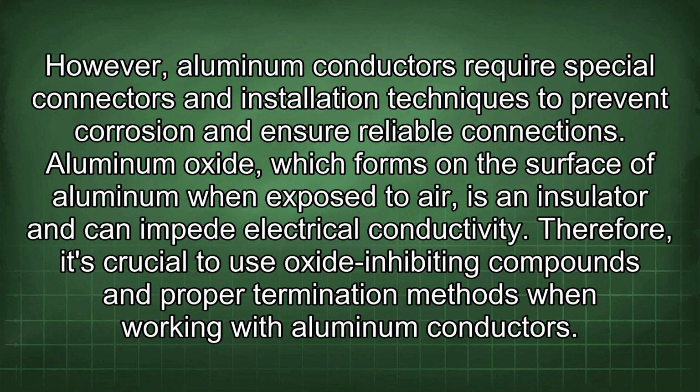However, aluminum conductors require special connectors and installation techniques to prevent corrosion and ensure reliable connections. Aluminum oxide, which forms on the surface of aluminum when exposed to air, is an insulator and can impede electrical conductivity. Therefore, it's crucial to use oxide-inhibiting compounds and proper termination methods when working with aluminum conductors.